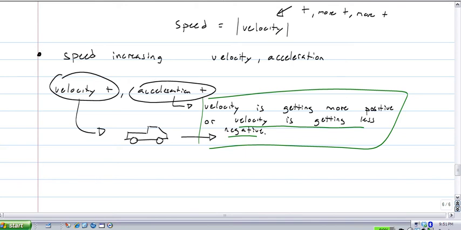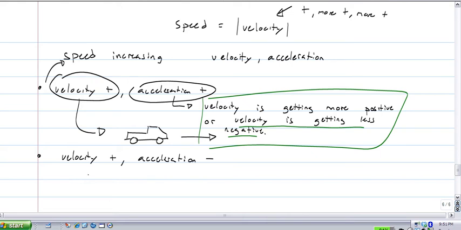Now scenario 2 would be, let's say, velocity is positive, acceleration is negative. Okay, what's speed doing?